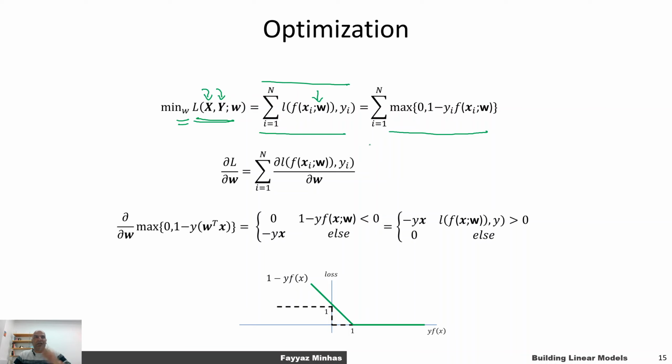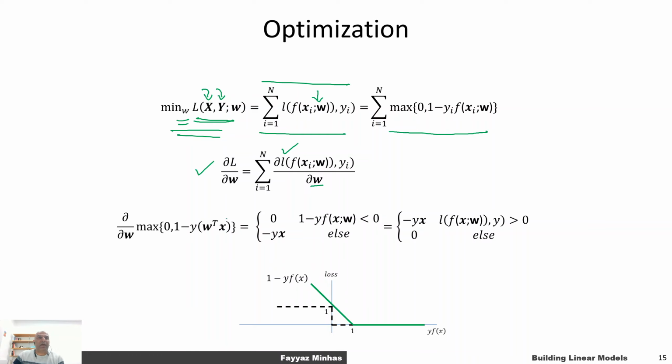So first we need to calculate the gradient of this beast over here, this equation. We know that the gradient of this loss is simply going to be the gradient of the losses over individual examples, or the loss function over individual examples. So what we need to do then is to calculate the partial derivative of this loss, or the gradient of this loss function, with respect to our W for a given example.